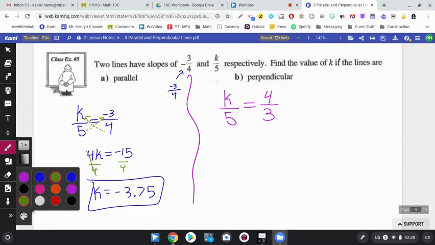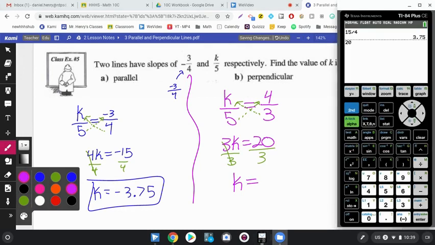And now I'll do exactly the same: cross multiply and divide. 3k equals 5 times 4, 20. Divide by 3, divide by 3. K is equal to 20 divided by 3, 6.6 repeating. And I'll just do that with the repeater sign.